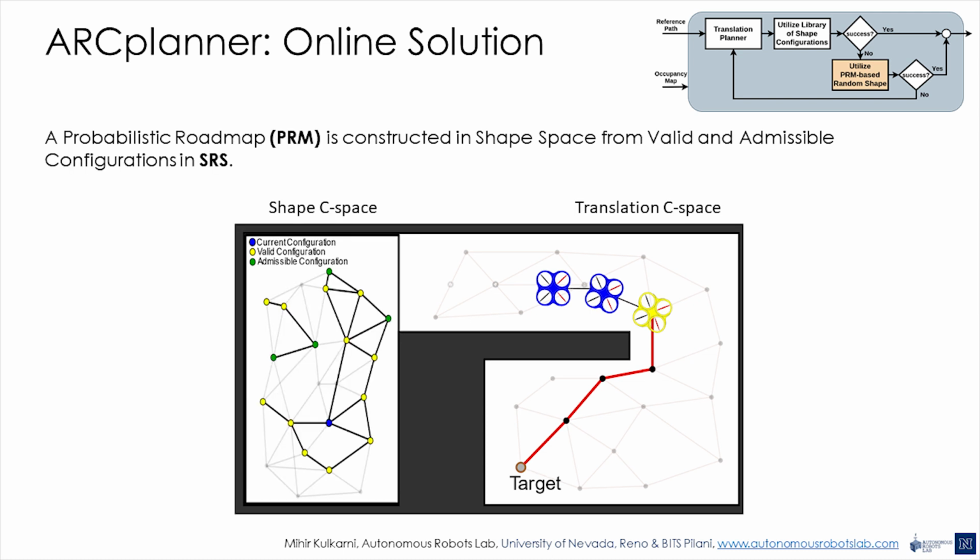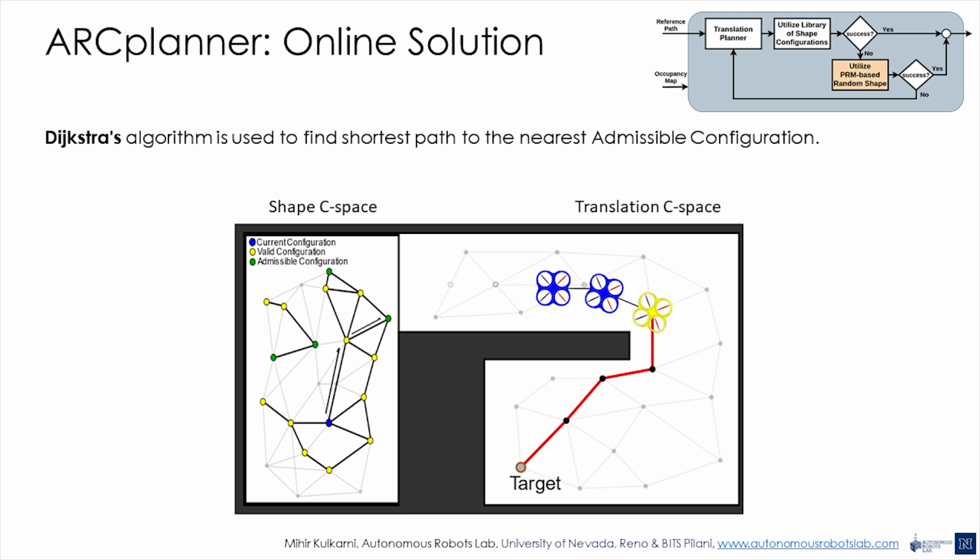In the running phase, a shape PRM is generated from valid and admissible shapes in the SRS when the library of configurations cannot find an admissible solution. The shortest path to the admissible configuration is found using Dijkstra's algorithm, and collision checking is done in a lazy manner.